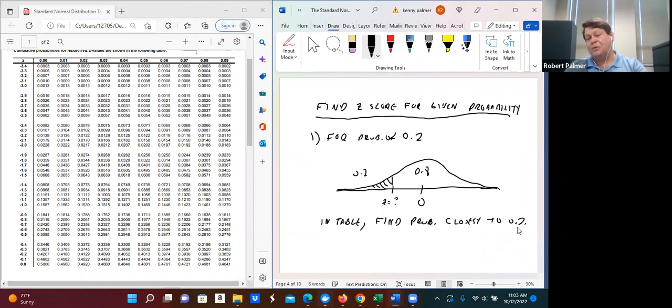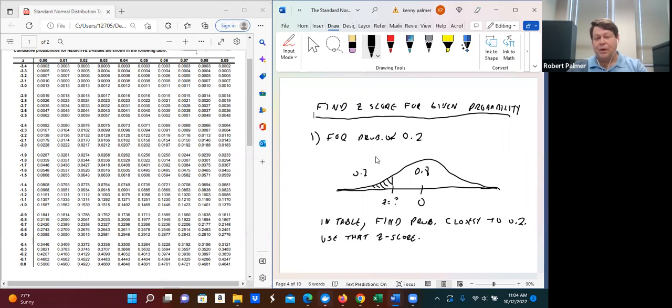It probably won't be exact, but use the one that's closest, and then use that z-score. The probabilities are the 4-digit values, the ones with 4 decimal places. We'll find the one that's closest to 0.2. It won't be exact, but it should be the closest, and we'll just use that. Then we'll find the z-score that goes with it.